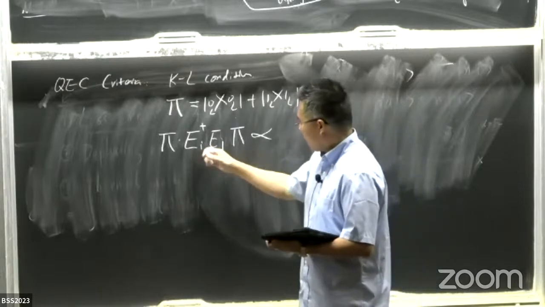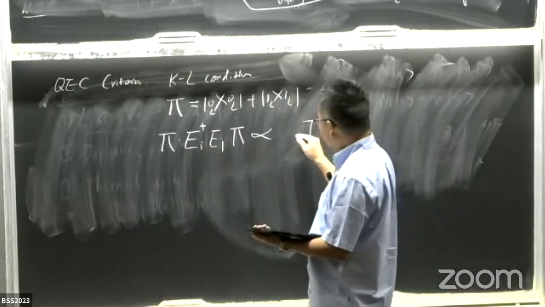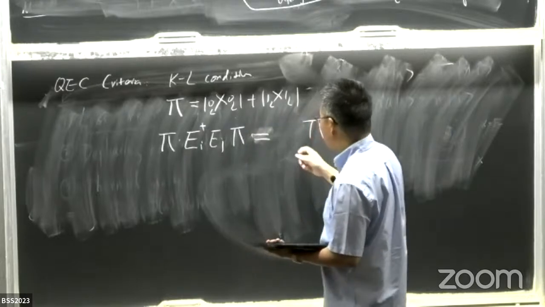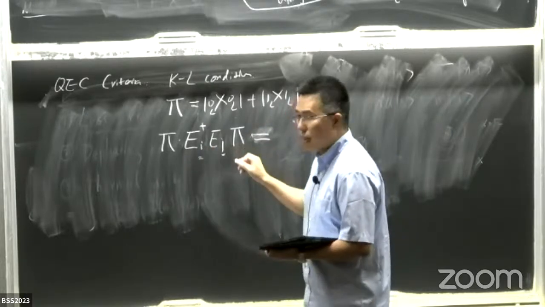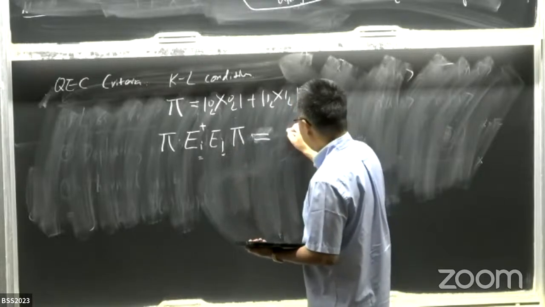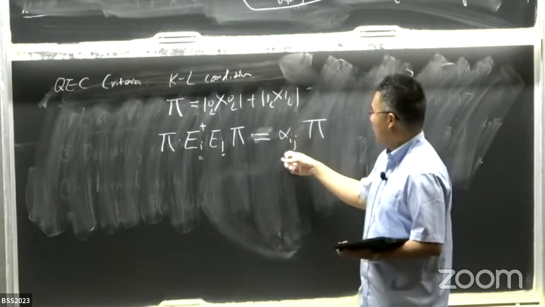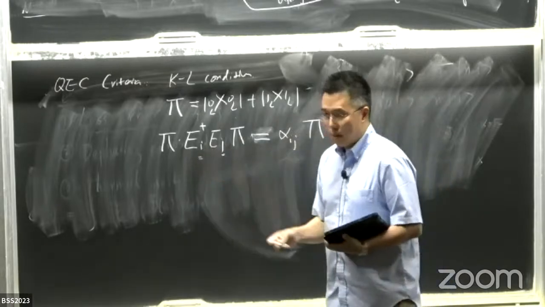And also, instead of writing the proportionality constant, I can say this is equal to something that depends on the index choice of i and j. I will call it alpha_ij, kind of like tracking these coefficients.